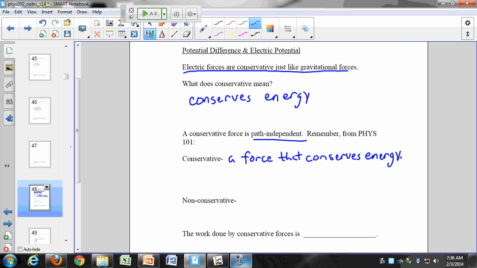So that means that the amount of work done by the force changes the energy by the same amount.